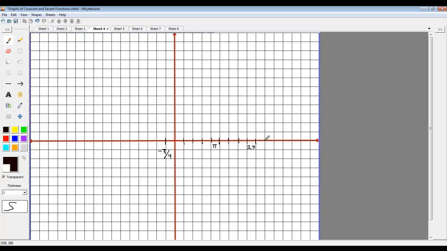Let's go ahead and go to 3 pi. Alright, so the sine graph will start at negative pi over 4, go up to, so here's 1, here's negative 1. I'll go ahead and mark off a little bit more for you.